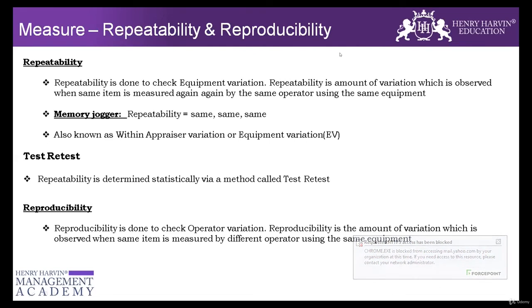I will do a practical demonstration as well, to show you how to calculate that when we have humongous data sets, and what way we should look at it, and then you'll be able to ask more questions. But for now, understand that if more than one person is measuring the same equipment, the amount of variation observed is called reproducibility. It doesn't matter whether they agree with each other or not. It is not related to repeatability.